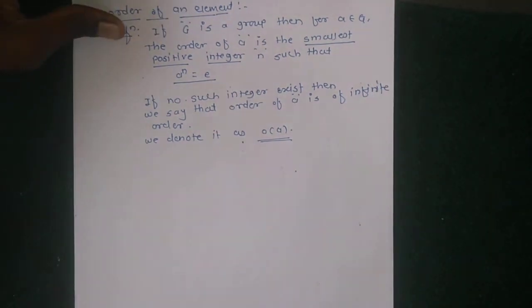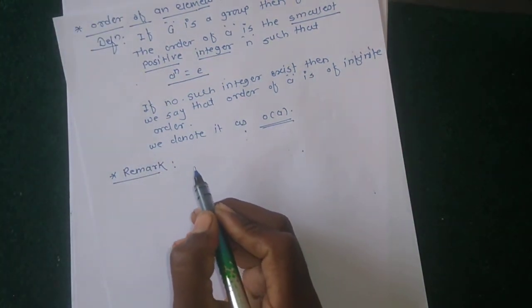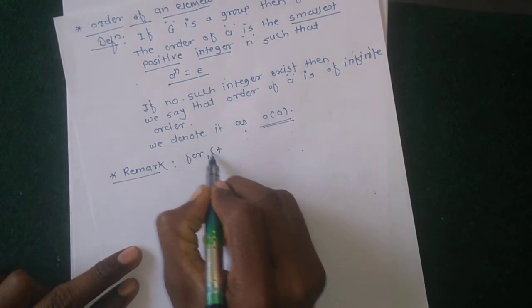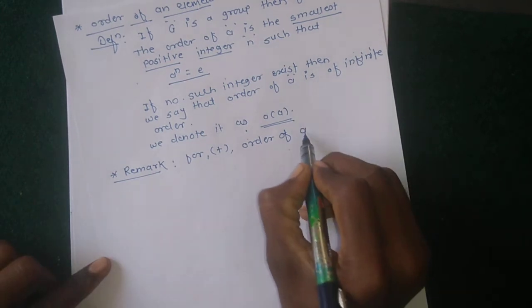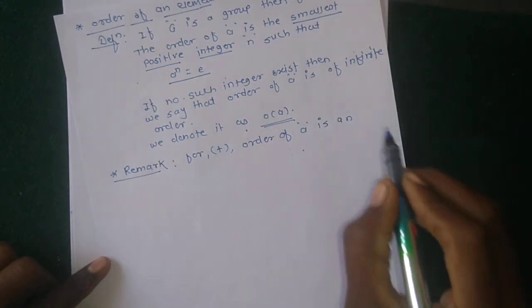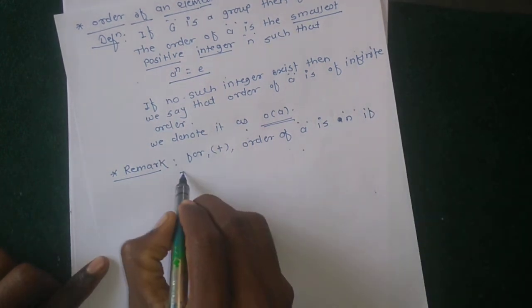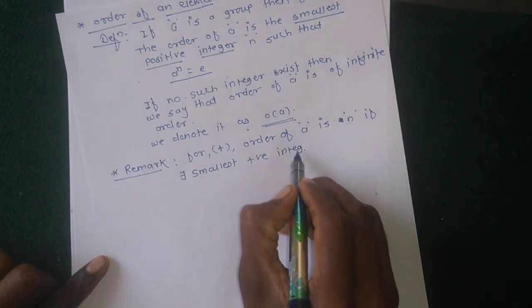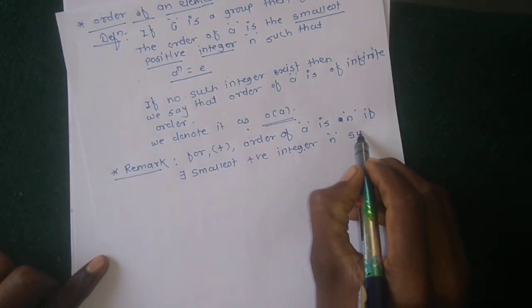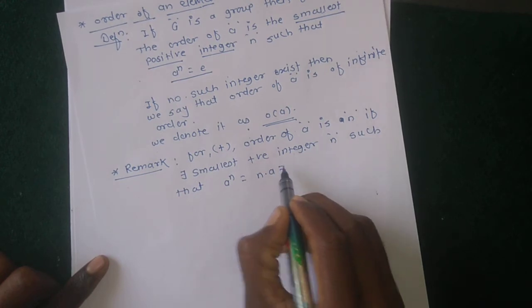Next, note the remark. For addition, suppose that the order of a is n, if there exists a smallest positive integer n such that a raised to n, that is n times a, equals the identity.